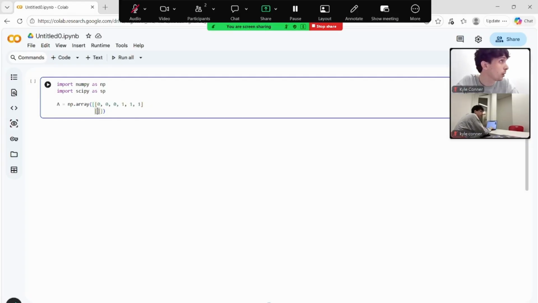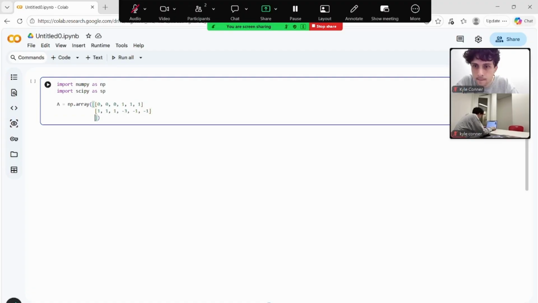So for our second one, we're going to be doing the meters now. So we have 1, 1, 1, negative 3, negative 1, negative 1, and that's it, I think. And we have one more, which is our seconds, or our time.